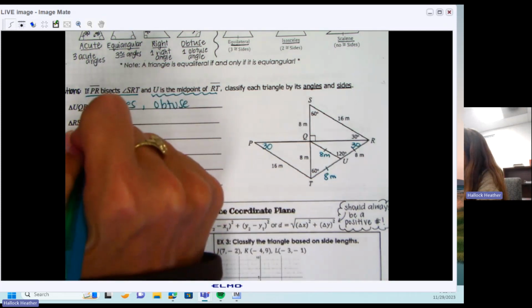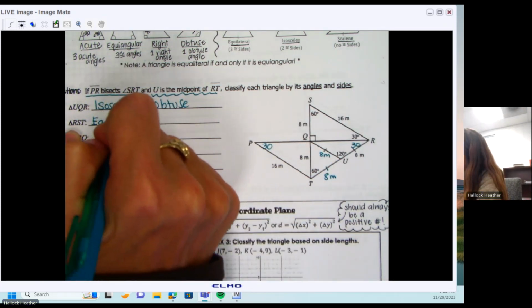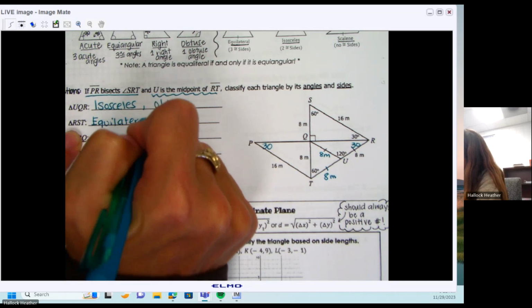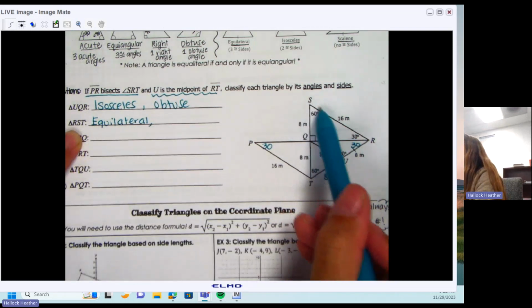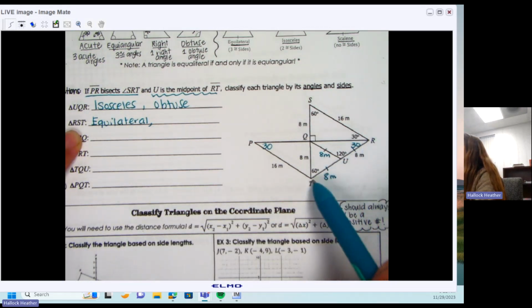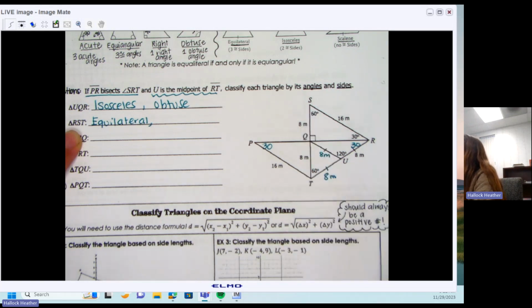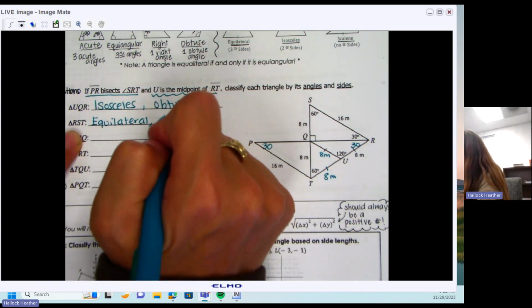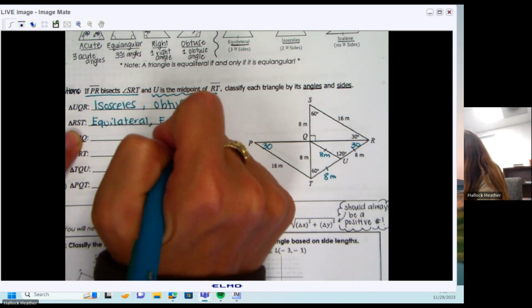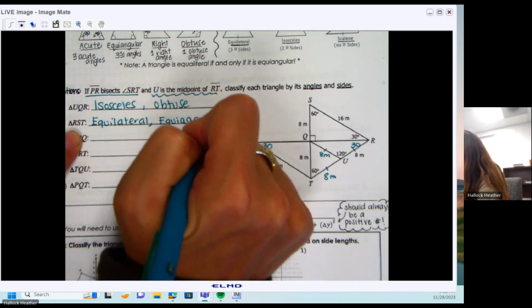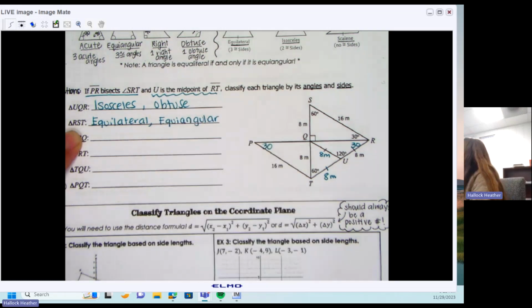Equilateral, perfect. Because every side is 16. This is 16, this is 8 and 8, which is 16, 8 and 8, which is 16. If it's an equilateral triangle, it is also automatically equiangular. You get to 80, it's full credit. 90 and 100 is extra credit.